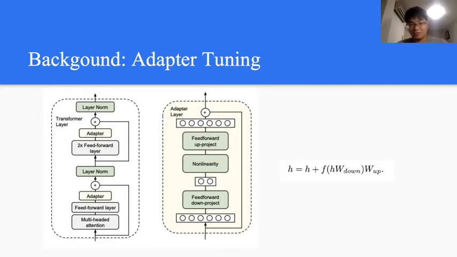Besides, a residual connection is applied with this bottleneck architecture. We can represent it as the equation like this.